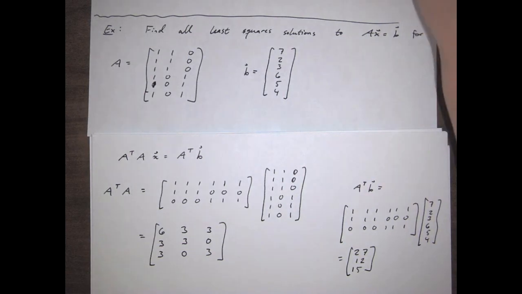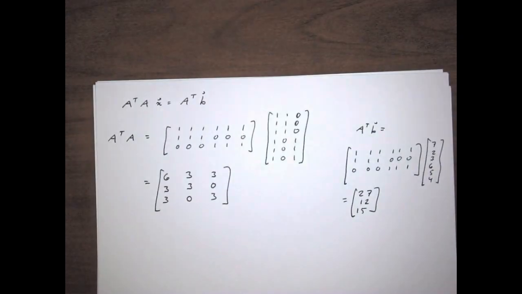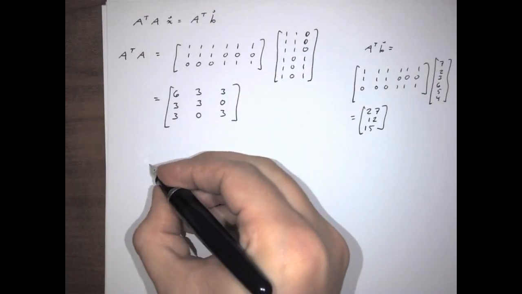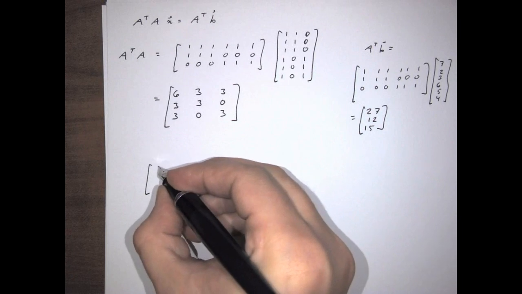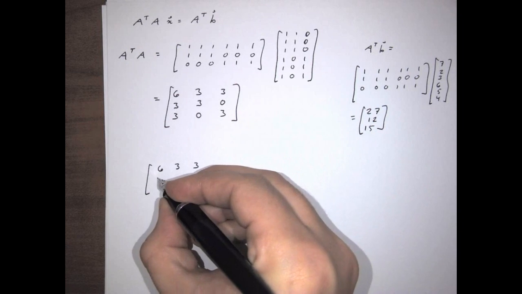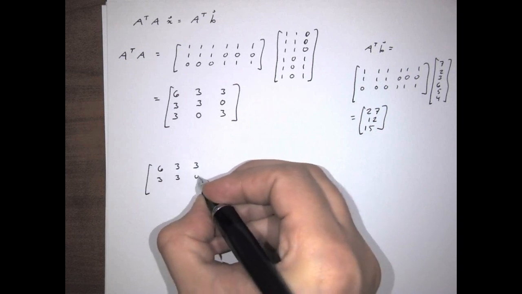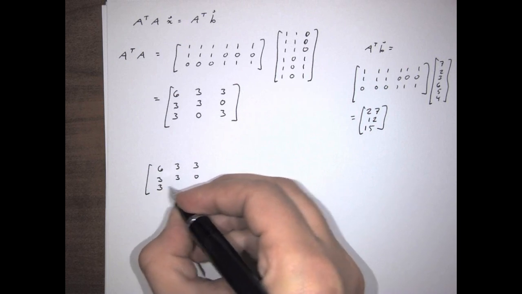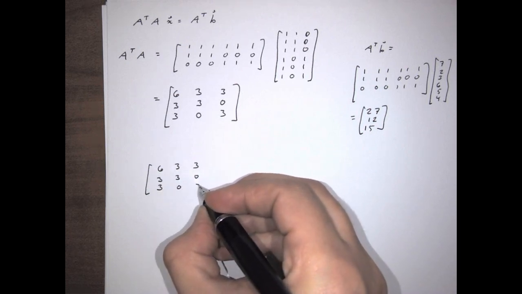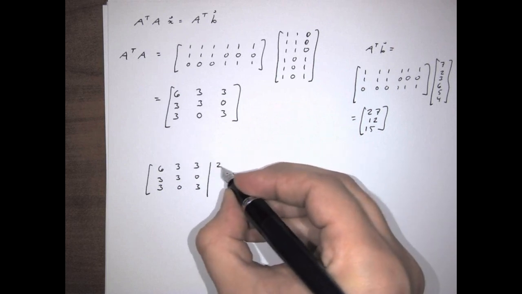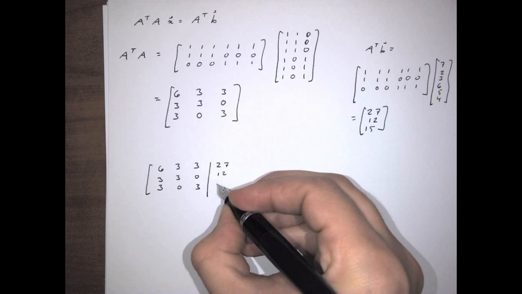Alright, so then that gives us our normal equations, which now do not correspond to a situation where we've got a unique solution. They're going to correspond to a parametric family of solutions because when we row reduce, we're going to have a row of zeros at the bottom, courtesy of the linear dependence of these columns. 7, 12, and 15.